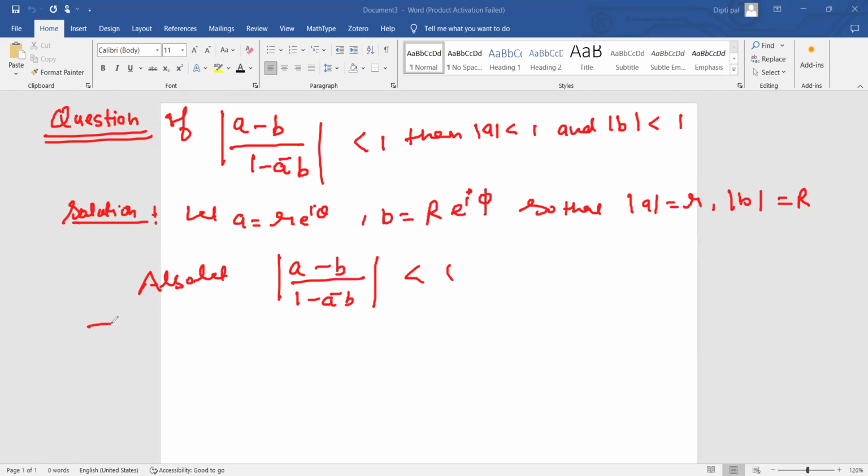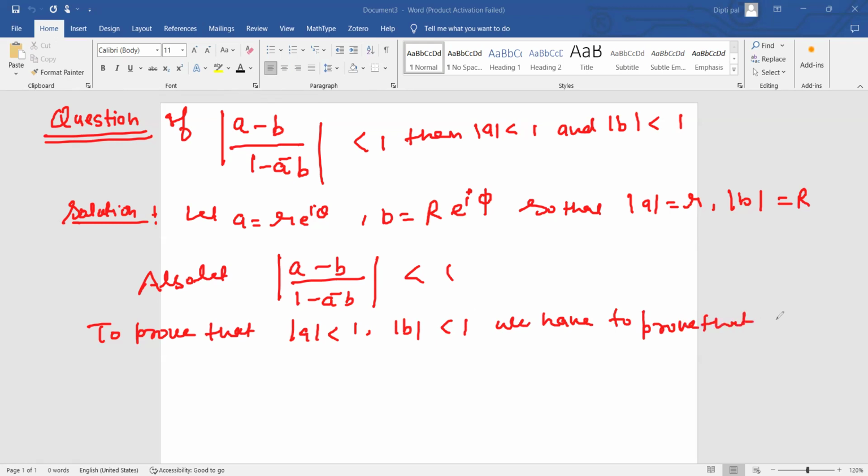To prove that modulus of a is less than 1 and modulus of b is less than 1, we have to prove that r is less than 1 and capital R is less than 1. So first we find the value of a minus b.